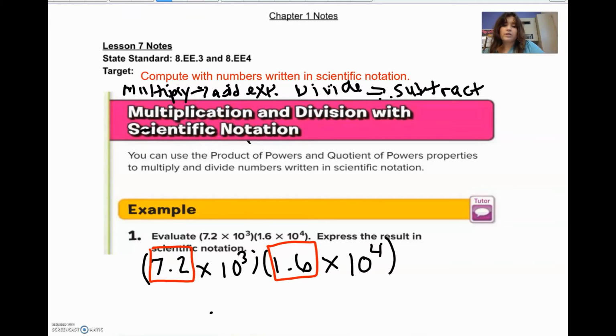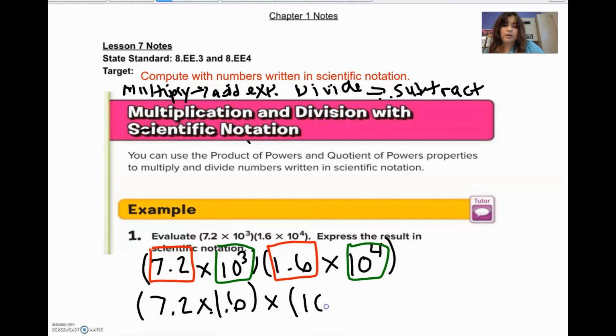So what we're going to do is take 7.2 times 1.6, and then we're going to multiply that by 10 to the third and 10 to the fourth. So we're grouping our tens and our whole numbers.